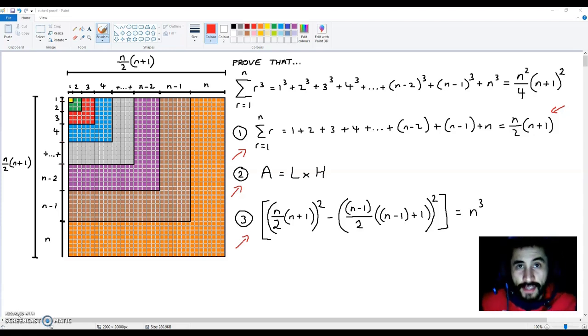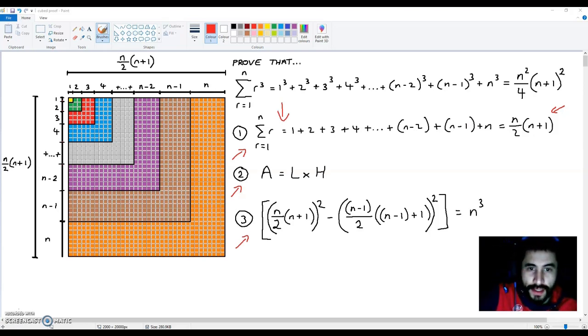Okay, I'm going to get started with showing you how to come up with this proof. The first thing I want you to do is turn your attention to the diagram to the left, and what you will notice is that the length of the large square is equal to number 1 over here, this formula. The same can be said about the square's height.